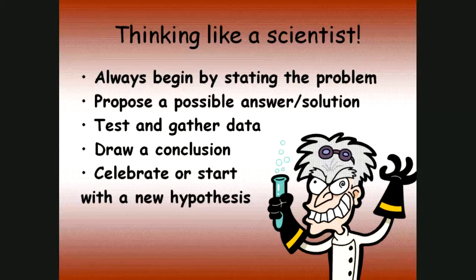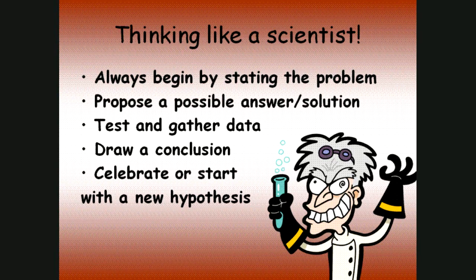Did we support that possible answer or solution, or did we not? Okay, if we supported it, hey, hooray, that's good news. We can celebrate a little. But what about if we don't? What if we prove that it's wrong, or at least don't support it? Well, we can still celebrate because we have eliminated one possible answer, and that's success.